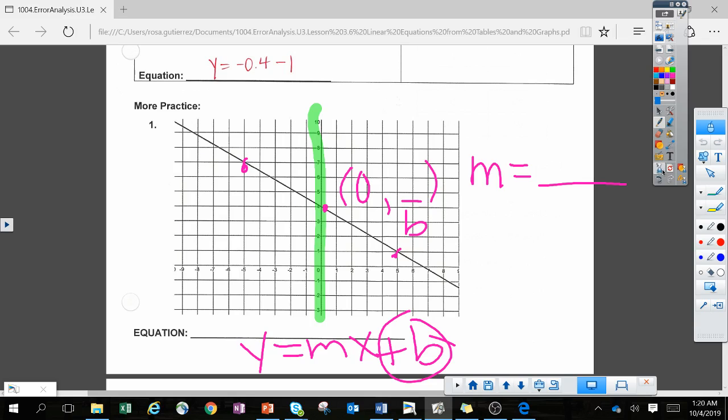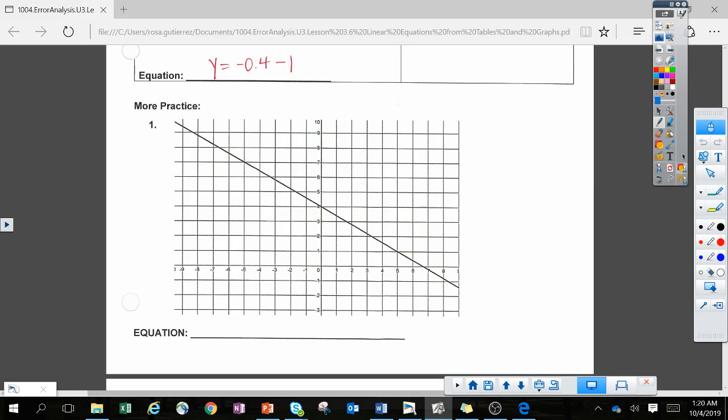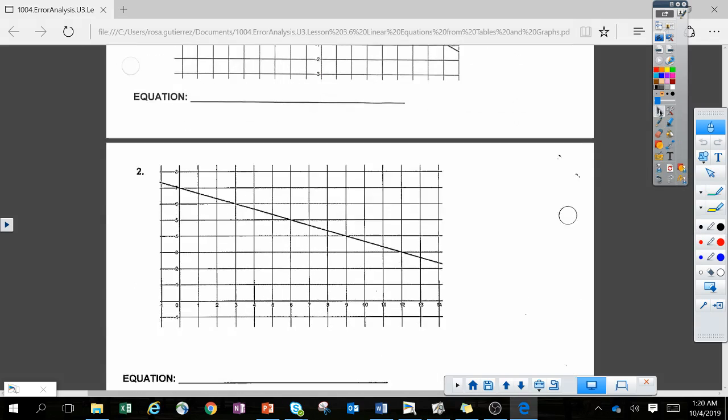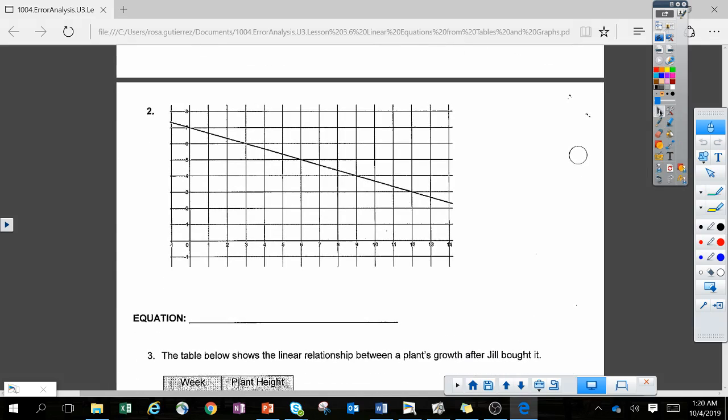For number 2, same idea. We're going to highlight the y-axis, and I'm sorry it's not that clear. This is your y-axis here, which means that this would be your y-intercept. Remember, x is equal to 0 here.